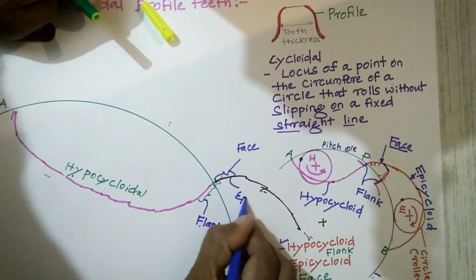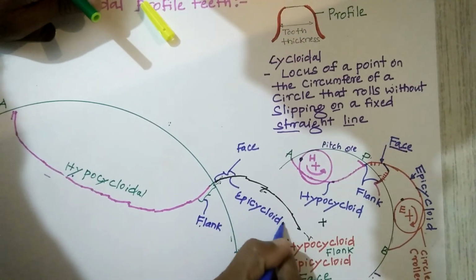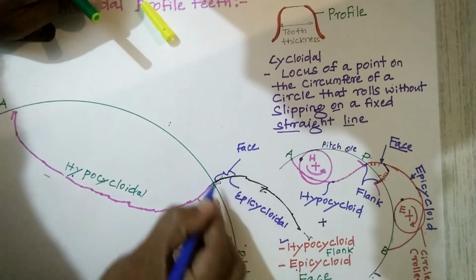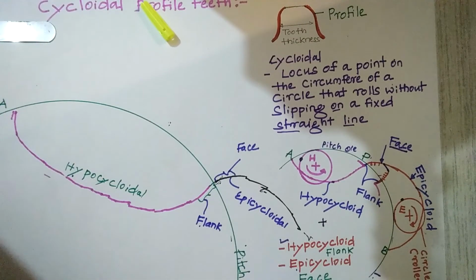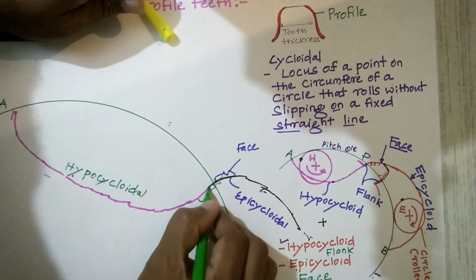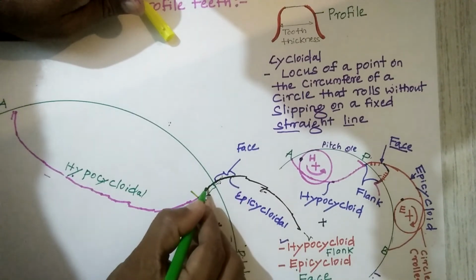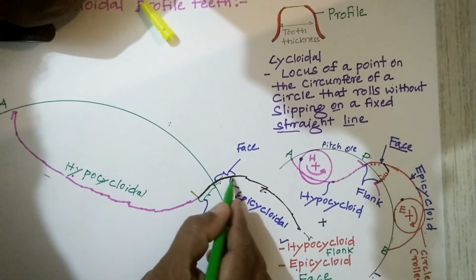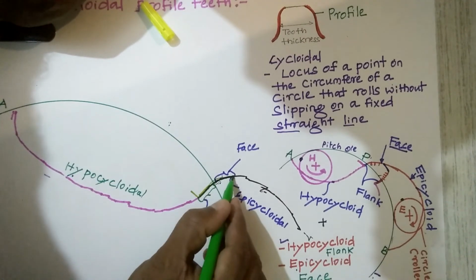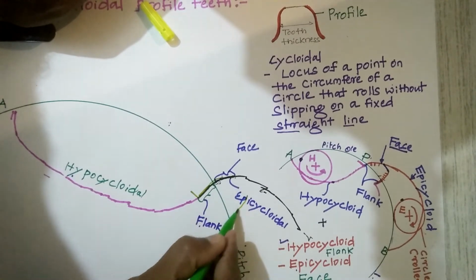This is due to epicycloidal. Okay, in total this curve, I'll go to one more color to get the difference. This whole thing is nothing but the cycloidal curve. That is the cycloidal profile, and at the same time this side also you have to draw.